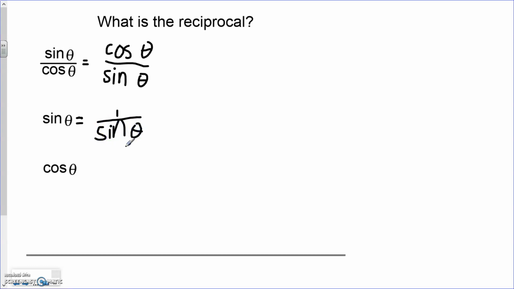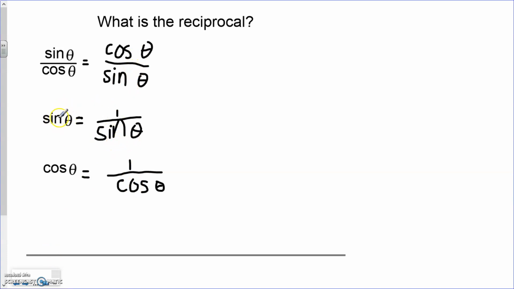And then the same thing for cosine, cosine theta, the reciprocal is 1 over cosine theta.